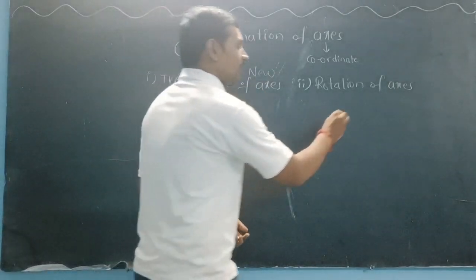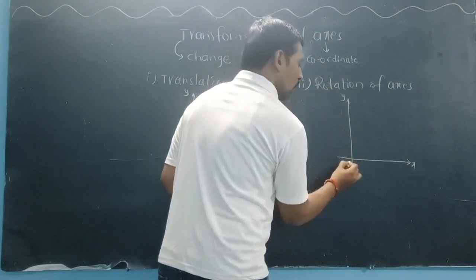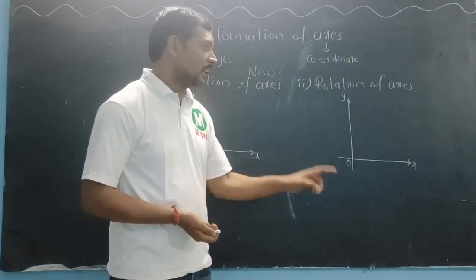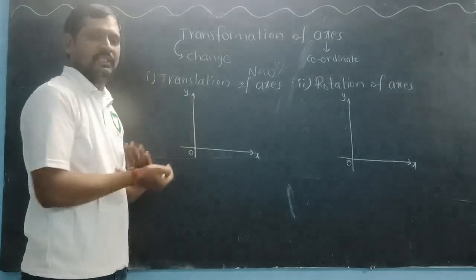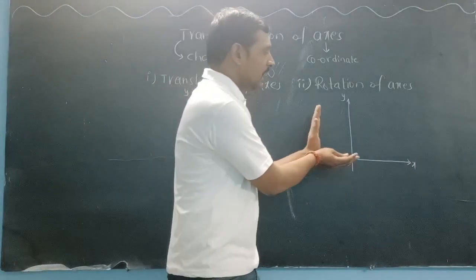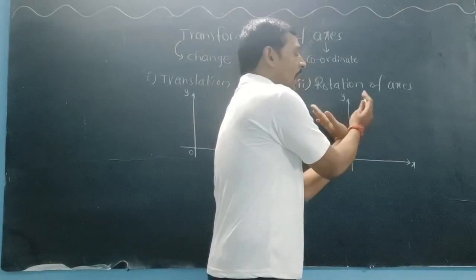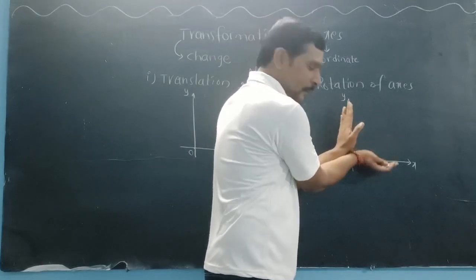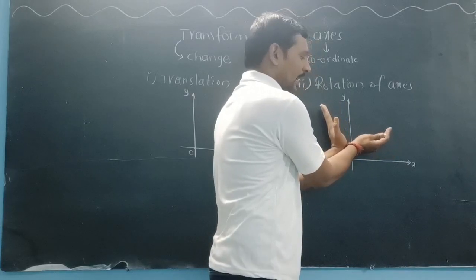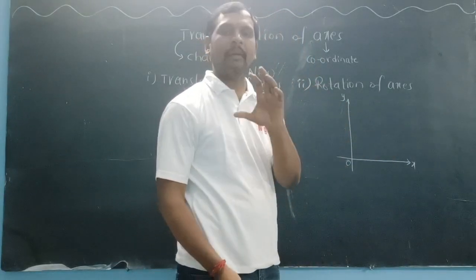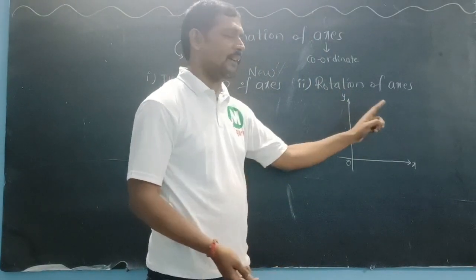Whereas coming to rotation of axis, again this is a coordinate system, coordinate axis. Here translation means without changing direction, origin is moving to some other point, whereas rotation of axis means without shifting the origin, if the coordinate axis is rotated, meaning x-axis and y-axis rotating with the same angle, then that type of transformation is called rotation of axis.